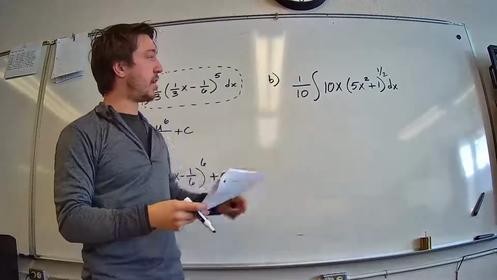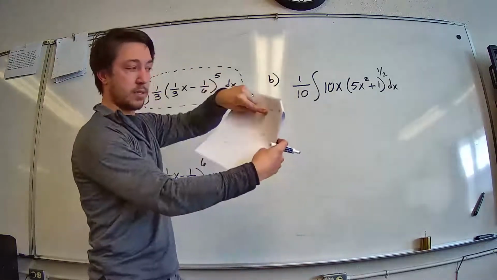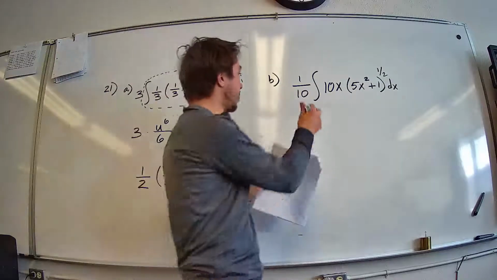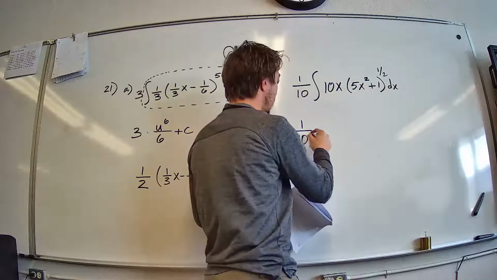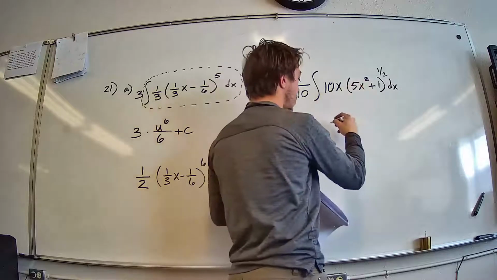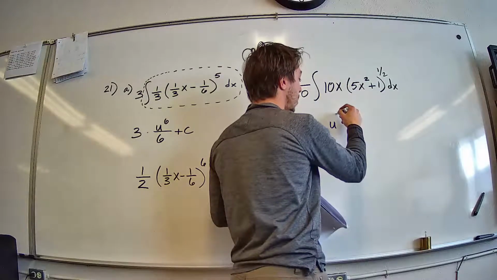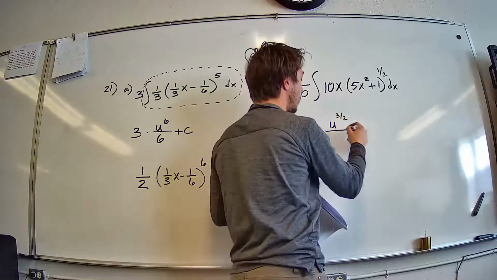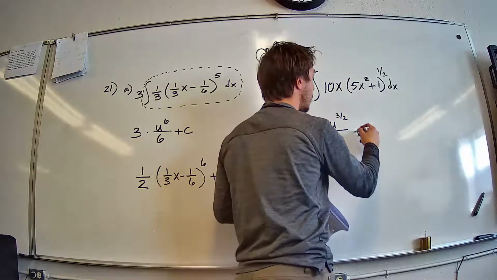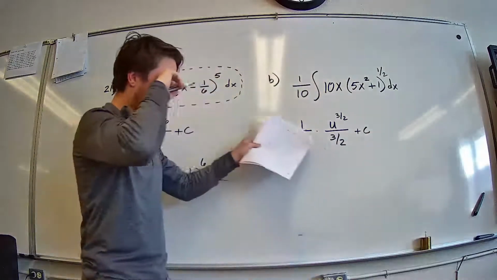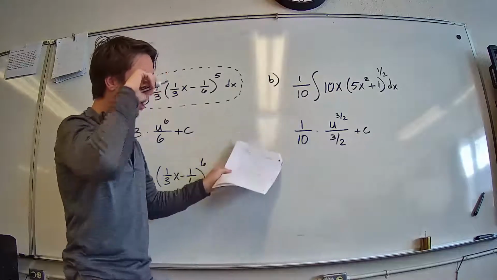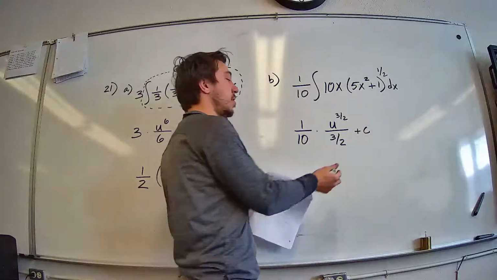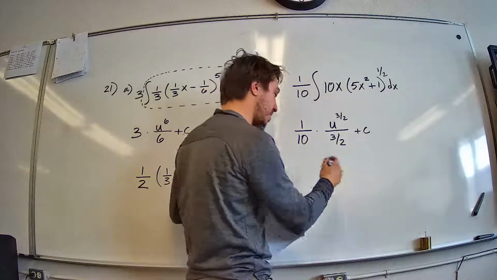Now what I have written is identical to the original problem. So now I have 1/10, and this is going to end up being u to the 3/2 divided by 3/2. So you multiply 2/3 by 1/10, which gives us 1/15.